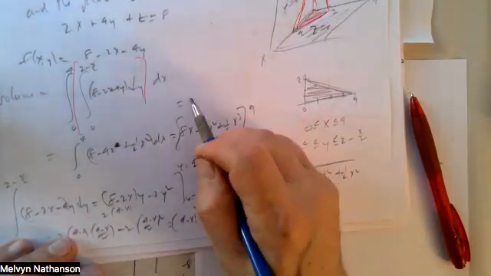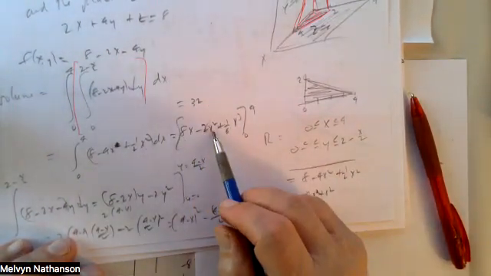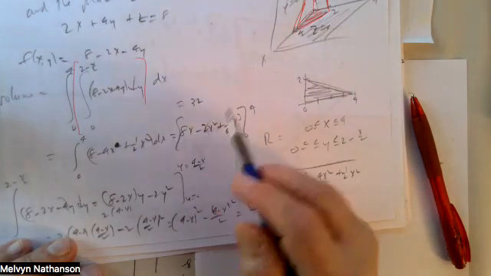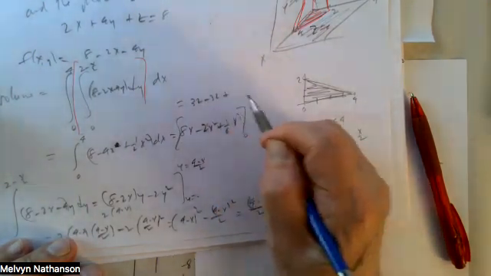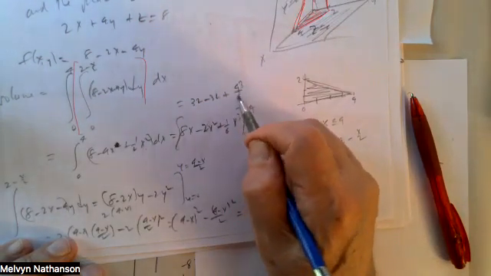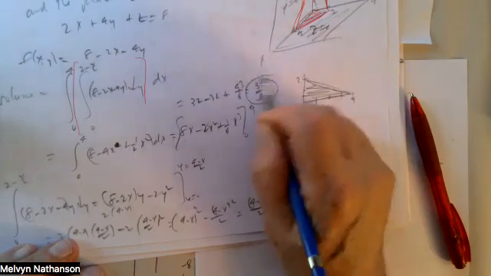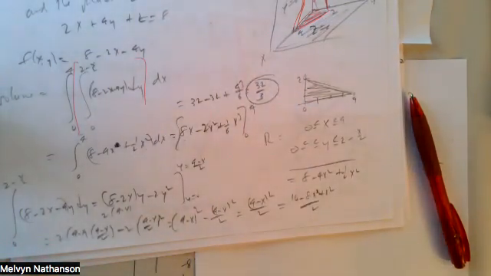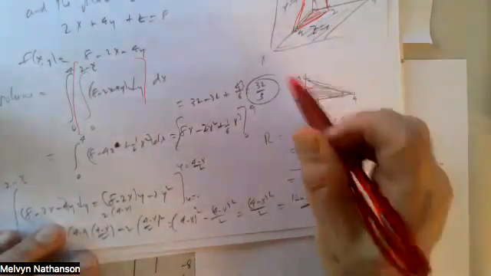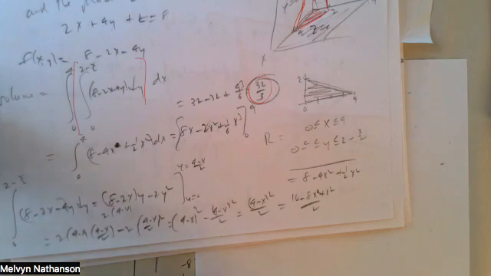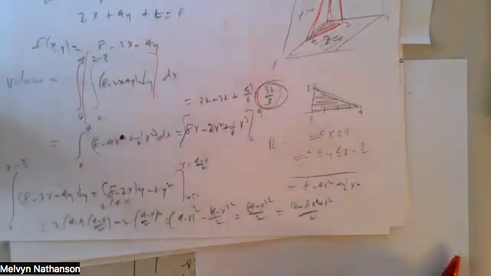So 8 times 4 is 32. 4 times 4 is 16 times 2 is minus 32, plus 4 cubed over 6. That's 64 over 6. So I get 32 over 3. Yes, and that's the answer. That's the volume of the tetrahedron.